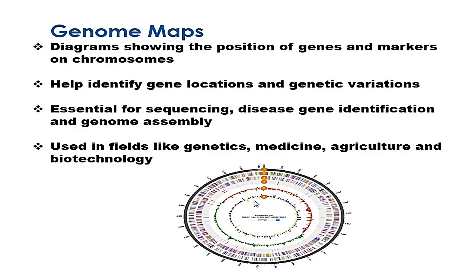Then the genome map is very essential for sequencing the genes. Here you can see the sequences in this map. Then disease gene identification: suppose one of the genes in this map has some defect, that is a disease gene that can be identified, and the genome assembly can also be identified.